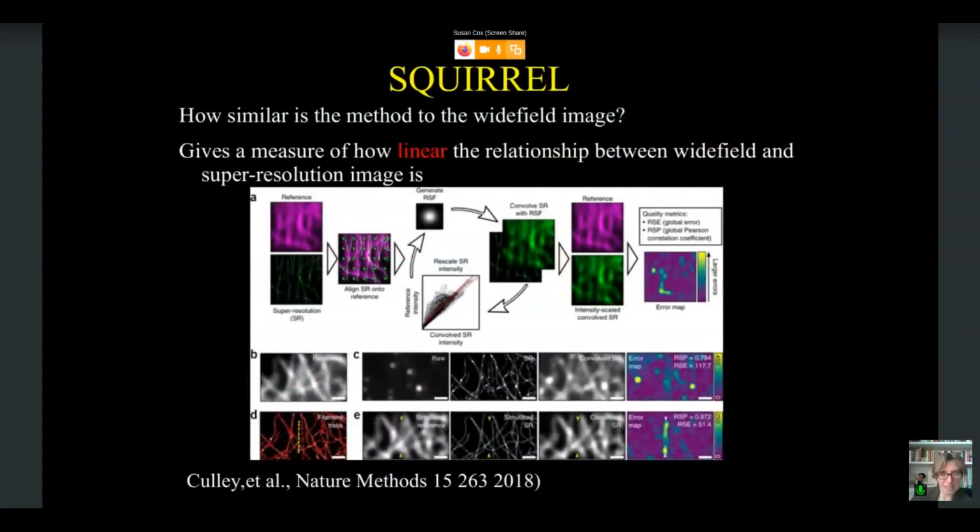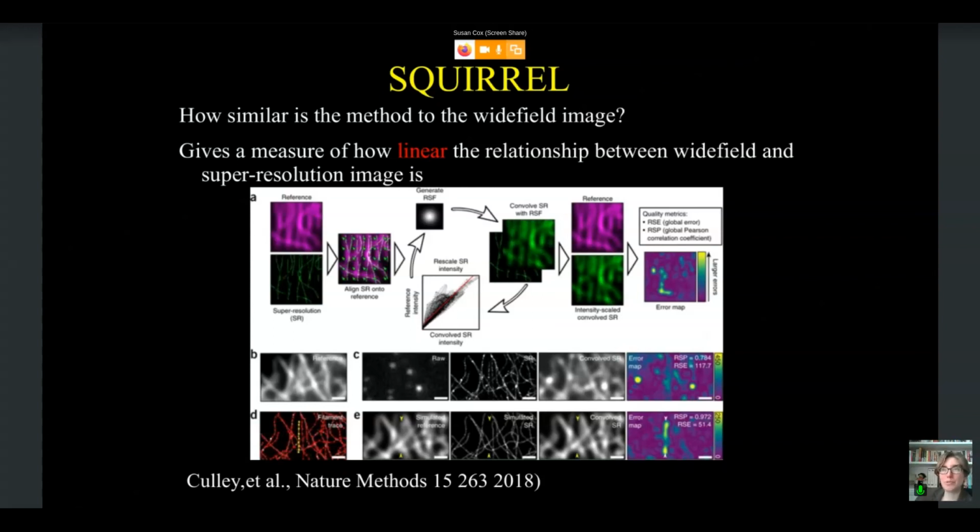Okay, now I said that I was going to come back to Squirrel and how you can assess images. So as I said, Squirrel asks how similar is the method to the wide field image, and it gives a measure of how linear the relationship between the wide field and the super resolution image is. So it's a really useful thing to measure because it will tell you if you have missing structure, and it will tell you how nonlinear the relationship to the wide field is, which gives you an idea of how nonlinear your imaging is.